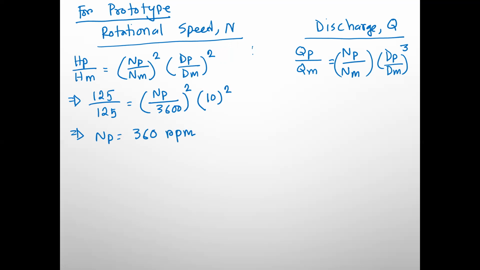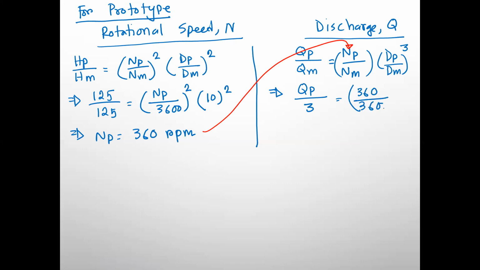Okay, and now we can go here, QP over QM. So QP and QM is 3. That NP is here. So we can write down that 360 over 360 and 10 cube.